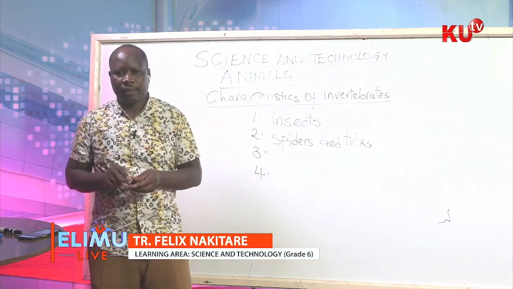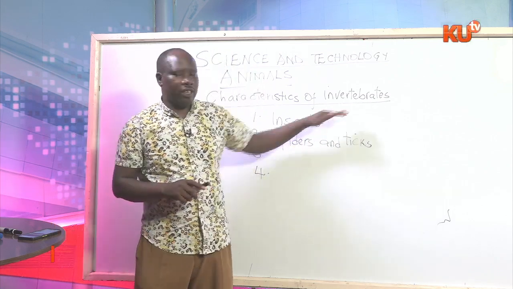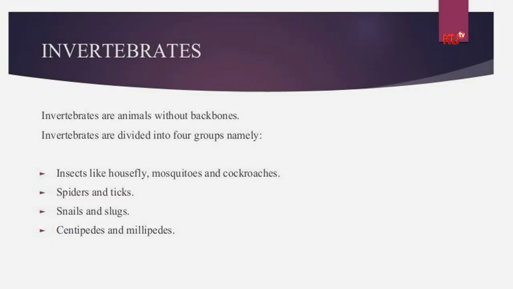And ticks. The second group of invertebrates, we say the first group is insects. Then the second group is spiders and ticks. Then group number 3, we have snails and slugs.